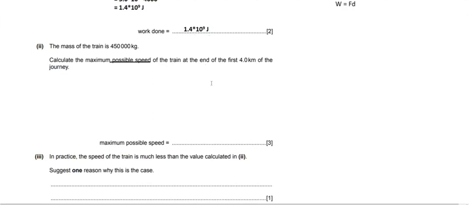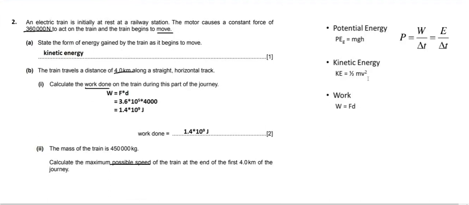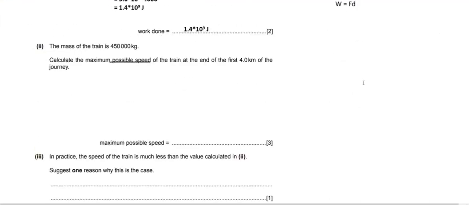That should be equal to the kinetic energy. The kinetic energy is half into mass into v square, and we can equate them to calculate the value of the maximum speed. So I will write down the work done will be equal to half into m into v square, and that is nothing but this.